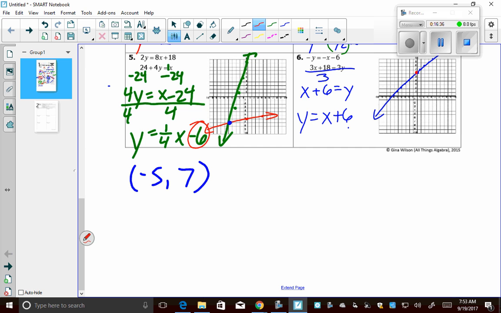I'm going to start at 6, and then I'm going to go up 1, right 1, up 1, right 1. If you notice, I'm going to be on the exact same line that I had. So remember, if it's the exact same line, we're going to have infinite solutions. Infinite solutions.